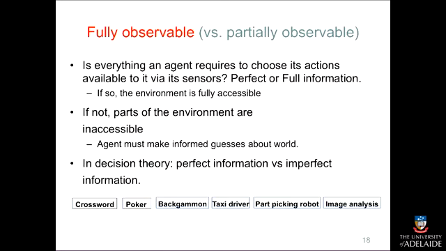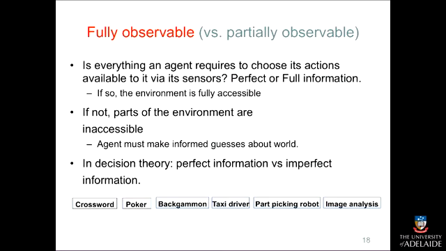So it just needs everything that is necessary for it to choose its actions. If parts of the environment are not observable, then we say that the environment is inaccessible. The agent's got to make informed guesses about the world. And so I guess in the terminology of decision theory, we talk about perfect information versus imperfect information.